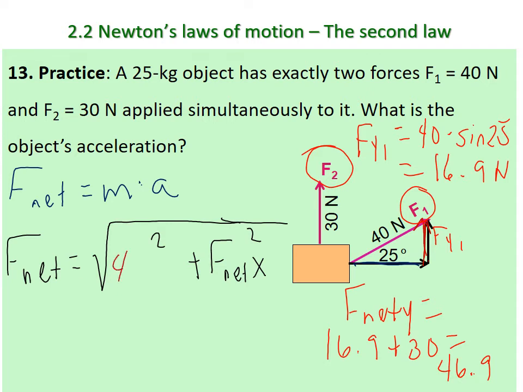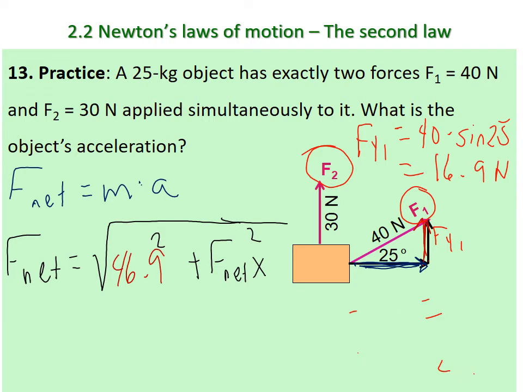So now my F net y, I'll replace in this equation. It is 46.9, and I will end up squaring that. Now I need the net force in the x direction. That's this blue vector right here. So to get that, I need to use the cosine function. So let me make some space. F net x, there's only one force in the x direction. It's the horizontal component of F1.